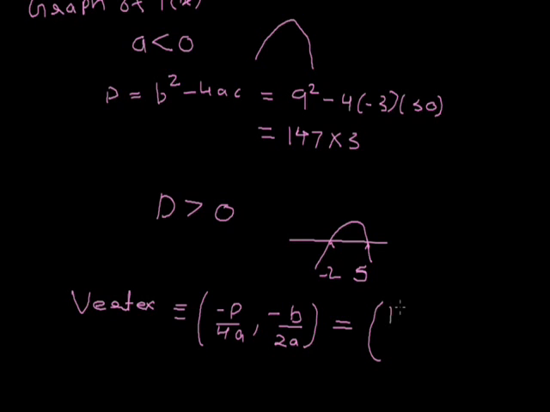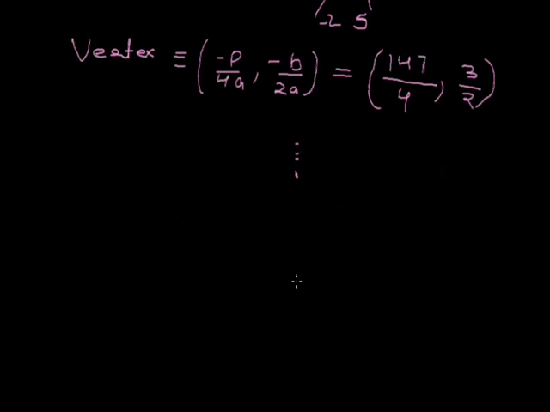We defined it as 147 multiplied by 3, and 4a is 4 into minus 3. So minus D by 4a becomes 147 by 4, and minus b upon 2a becomes 3 by 2. That is the vertex of the parabola. That is the graph of the polynomial p of x.